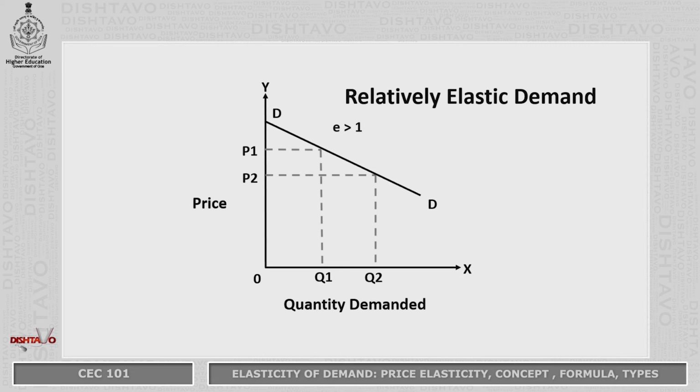The response to the change in price is higher, so the value of elasticity is greater than 1. An example of this type is luxury items. When there is a slight fall in the price of luxury items, the demand will increase to a very great extent.